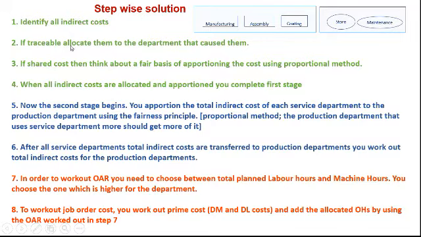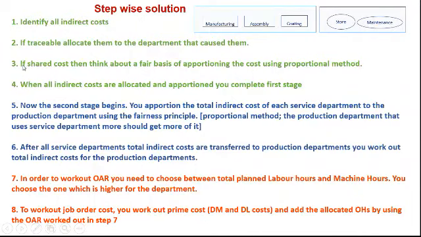Then think about how many of them are traceable. Traceable ones are very easy because you will already be given how much is coming from each department. You may have just 3 department costs, nothing for the others, or you may have all 5. Whatever cost you have got, if it is traceable, just allocate it as it is given in the question.